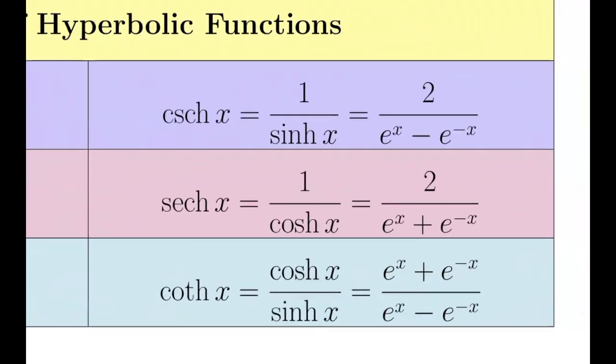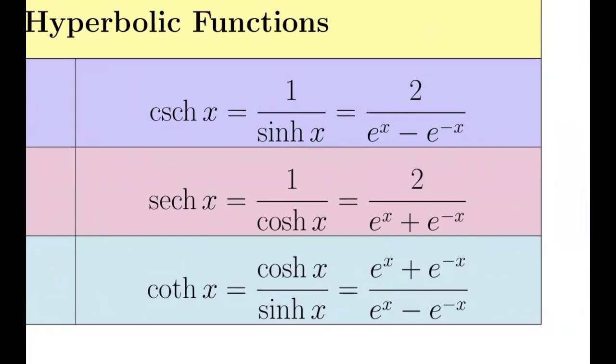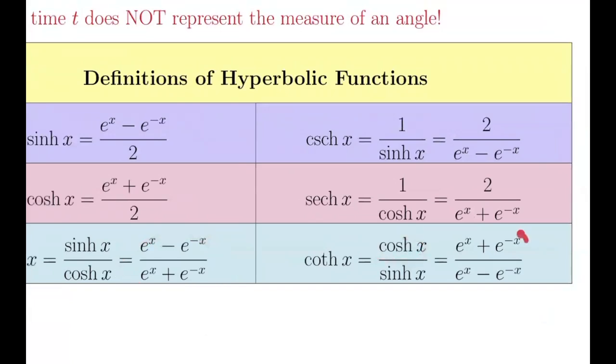And finally, we have the hyperbolic cotangent function, which is pronounced koth, kind of rhymes with boat. Honestly, I've never seen this appear in a problem before, but it's the reciprocal of tanch. So if you flip this fraction, you'll get e to the x plus e to the negative x divided by e to the x minus e to the negative x.